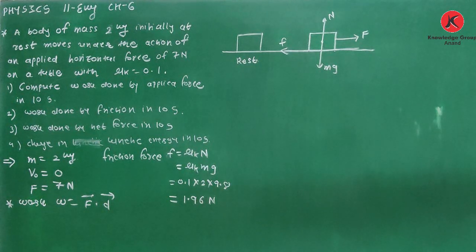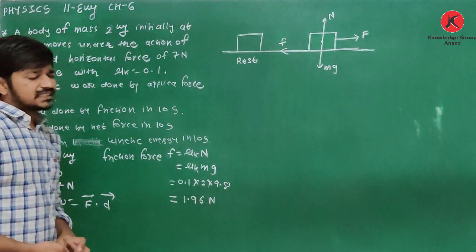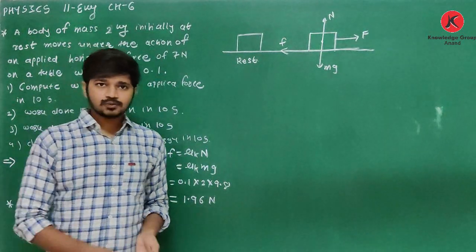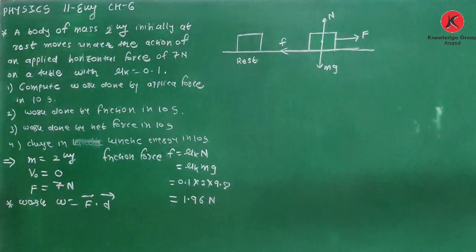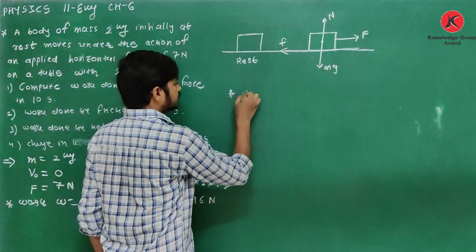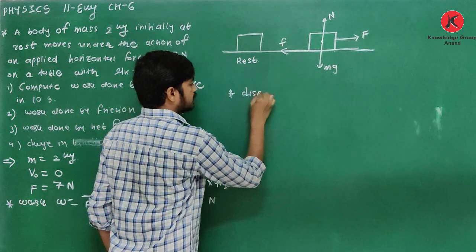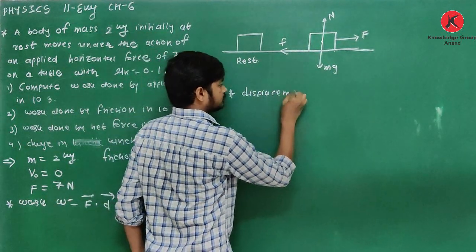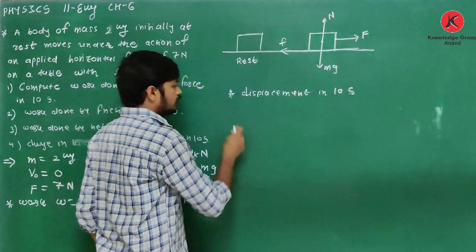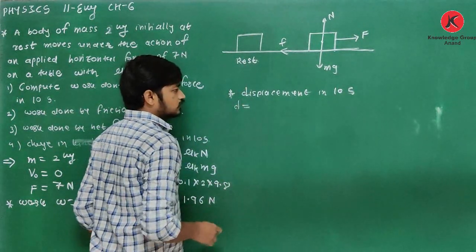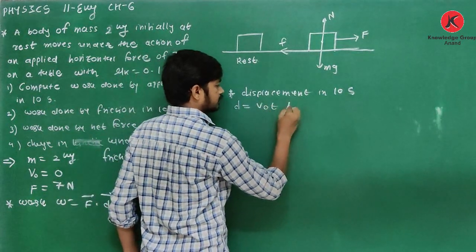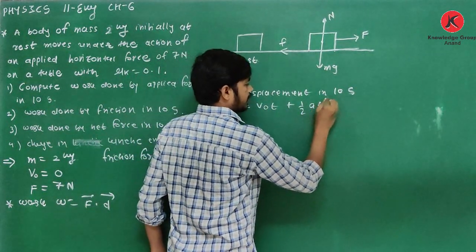To find displacement, we use the equation x is equal to v0t plus half at square. If I want to find displacement in 10 seconds, t is equal to 10.